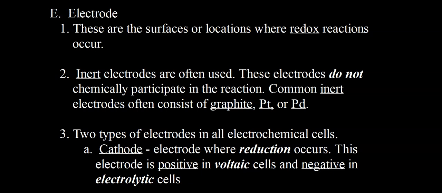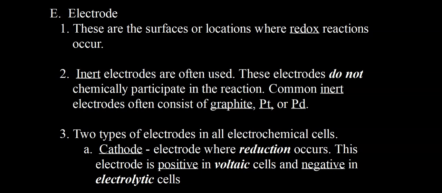The electrodes have names depending on what is happening. We have cathode and anode as the types of electrodes in an electrochemical cell. Now, they have some similarities, but they have some differences in terms of the electrodes in an electrolytic versus a galvanic cell. So let's start with the cathode. The cathode is the electrode where reduction occurs.